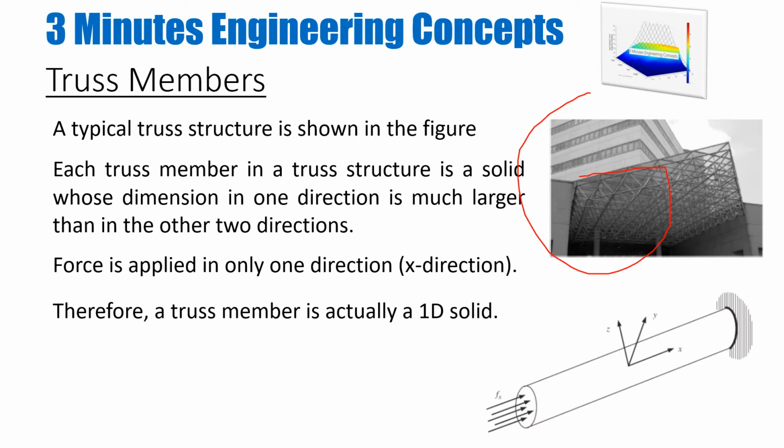If we apply a force in one direction as shown in this diagram, it will create a uniaxial deformation in the x direction. I'm denoting this as the x direction, which is the longitudinal direction of the member, and that's why it's sometimes termed a 1D solid.